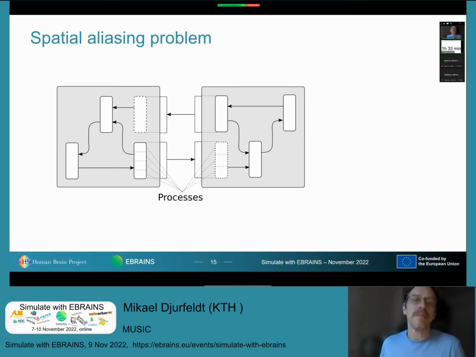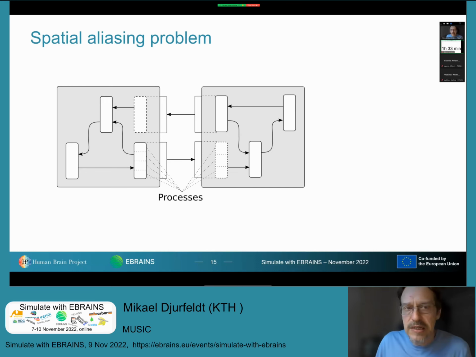This is one of the main problems that music helps you with. A certain simulator informs music how neurons are distributed over ranks, and then music can help with all of the complexity of moving data between the correct processes.